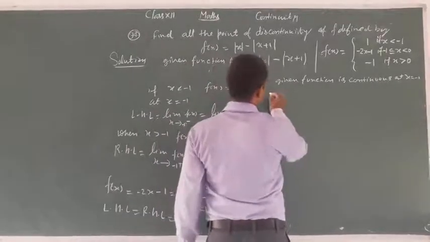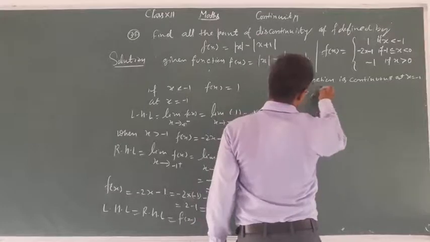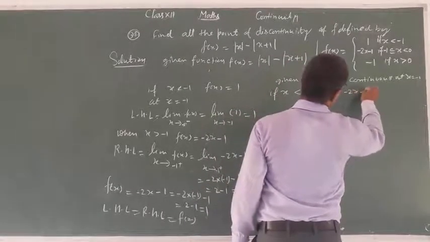Also if x less than 0, the function f(x) is equal to minus 2x minus 1.